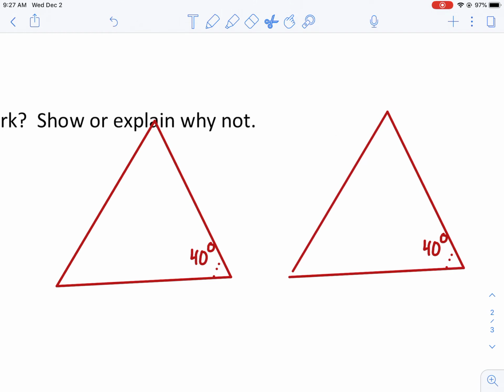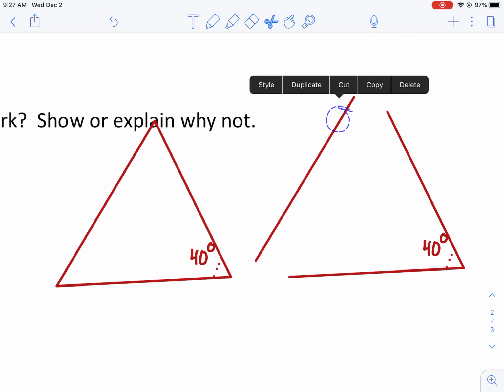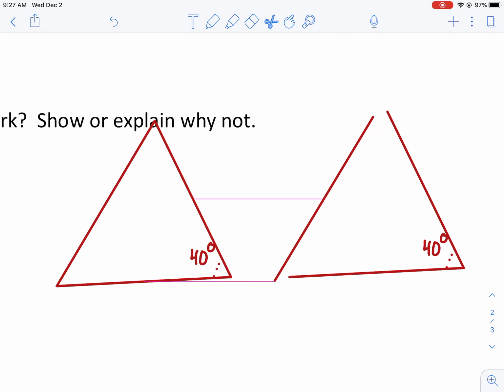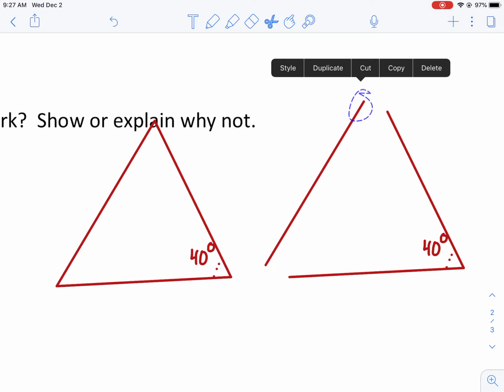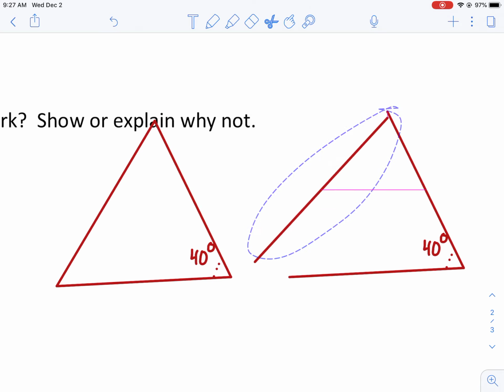Oh, no, don't get bigger. I just want it to turn. Can I keep this one still and then turn that? No, I can't. Well, I'm going to show you.